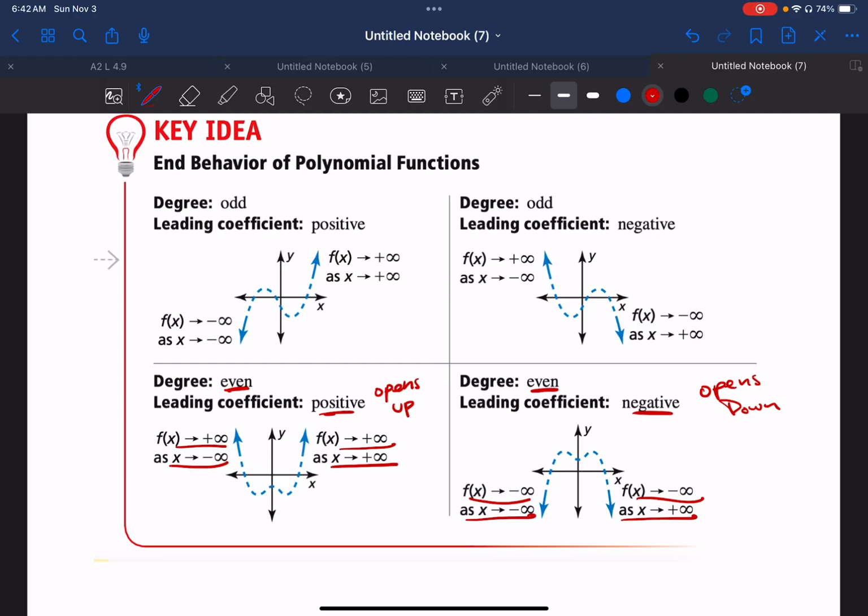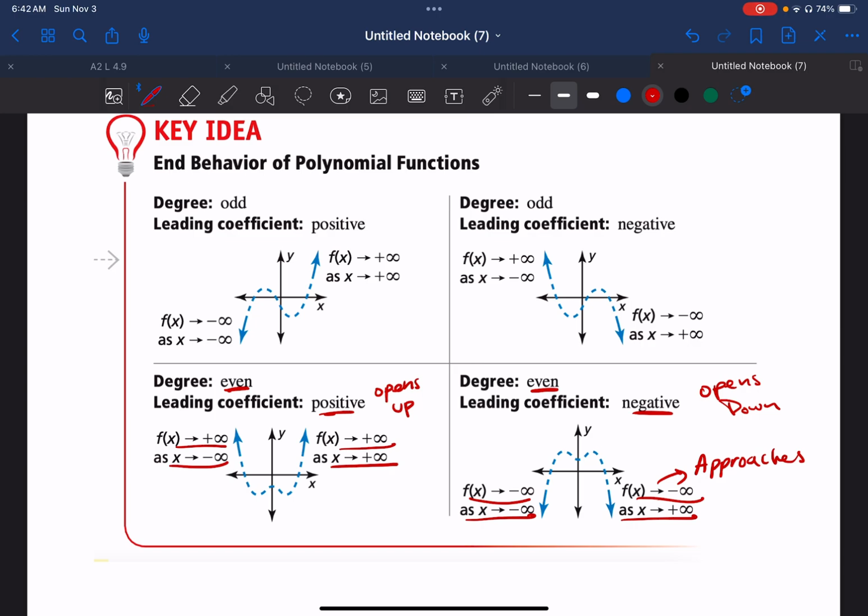So this arrow that we're using is representing approaching or approaches. It's approaching that, meaning it's going in that direction.